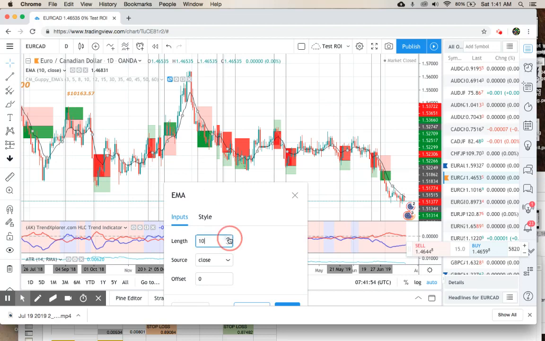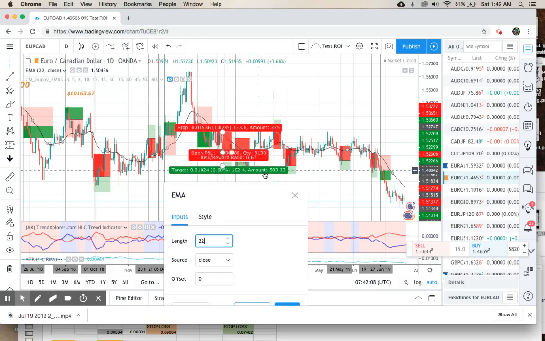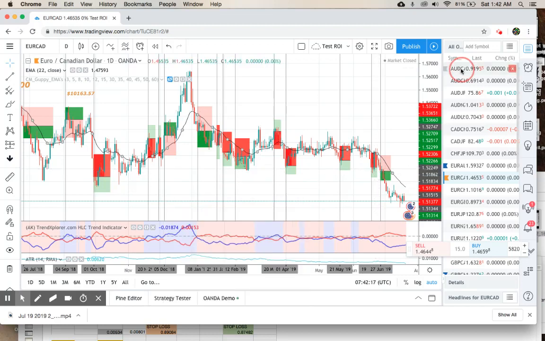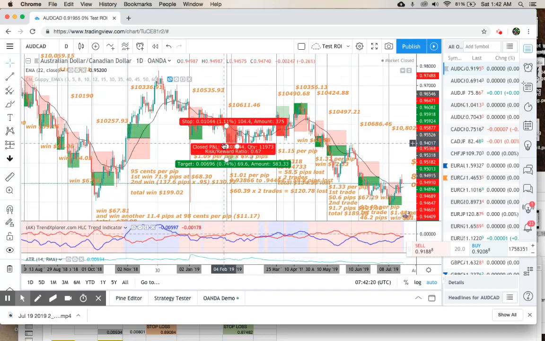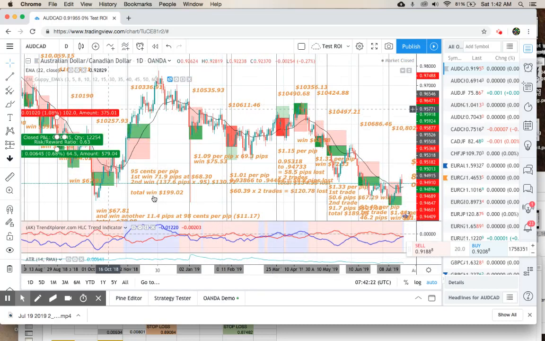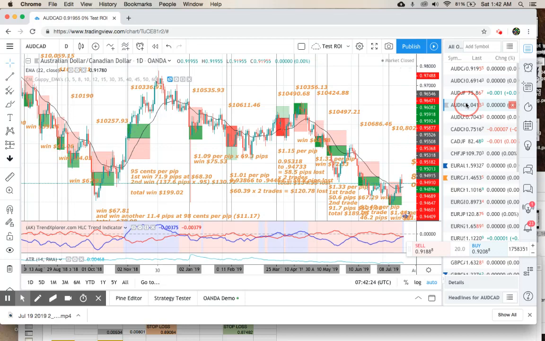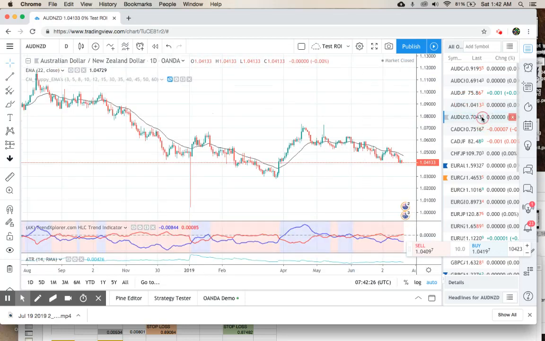But it is interesting to look and see, like here, okay, let's say if we went with a 22 or whatever, this would have just been one giant win. But how is that going to negatively affect me on these other ones that look pretty good? And if I change that to a 22, what would this really look like? So anyway, kind of interesting.